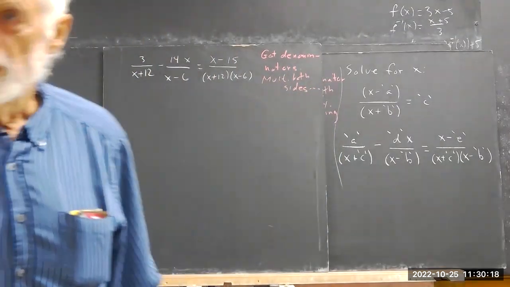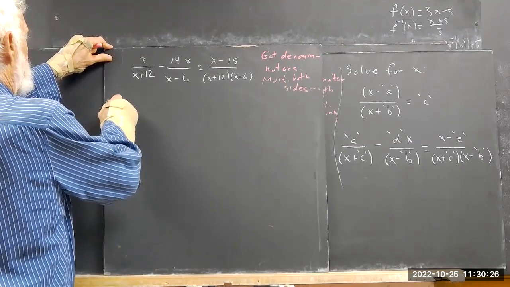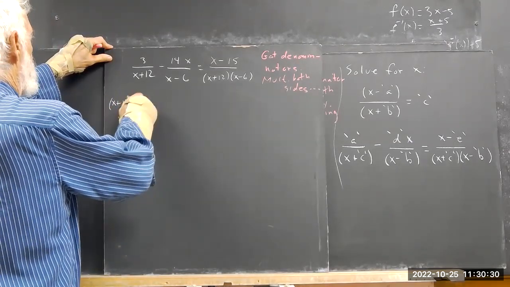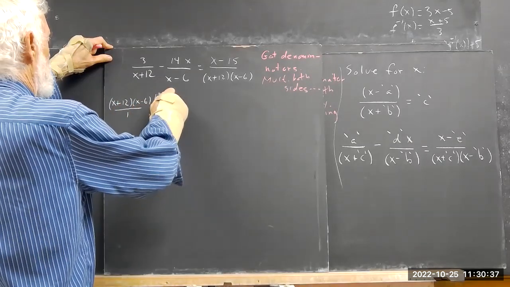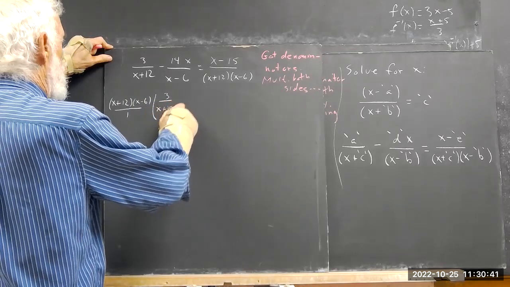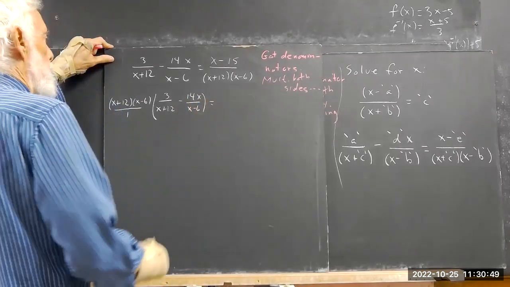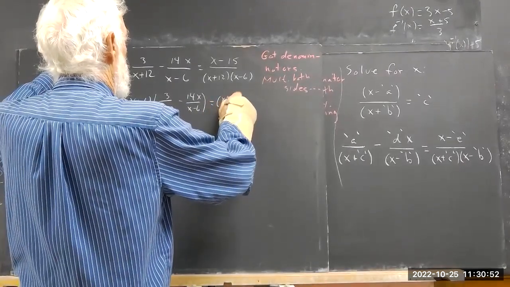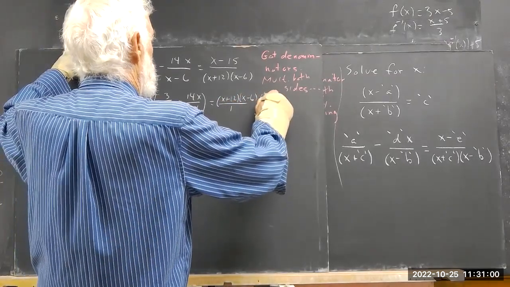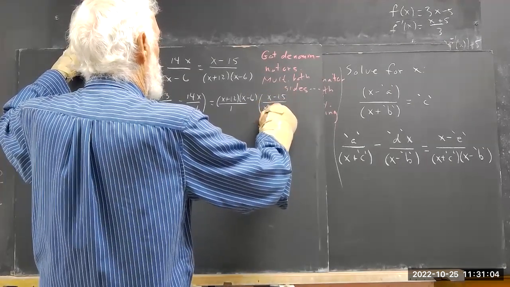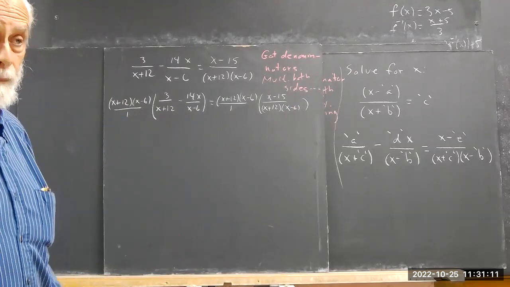Notice we got denominators, multiply both sides by all of them. So we multiply both sides by the common denominator.